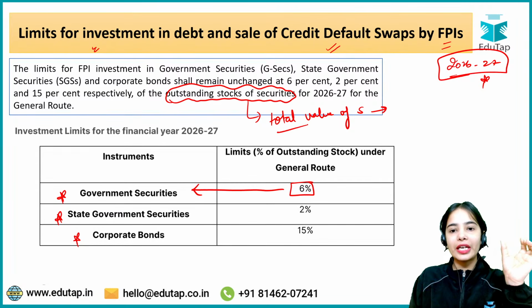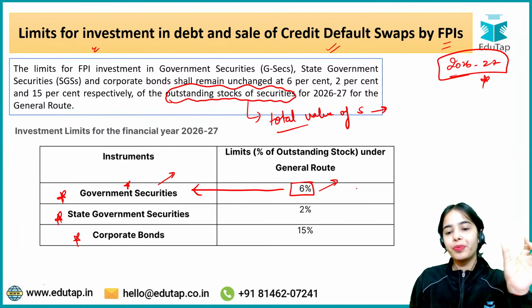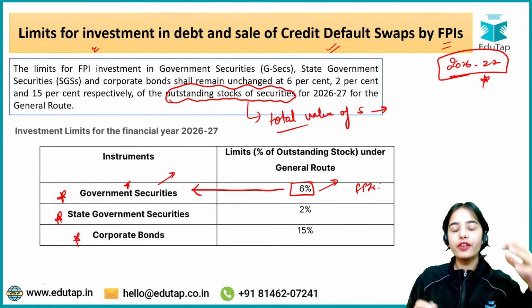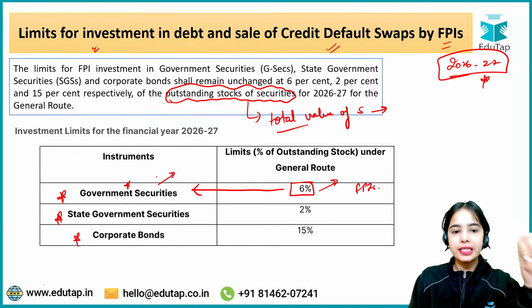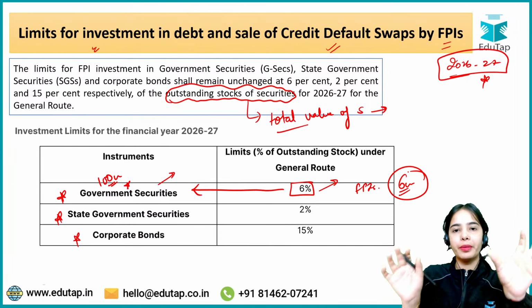So from the total value of the government securities present in the market, 6% is the limit for the FPIs. If the outstanding stock of government securities in the market is 100 crores, then 6 crore is the limit for the FPIs.